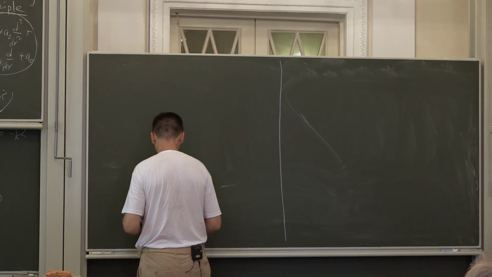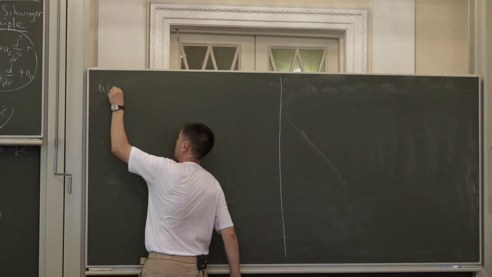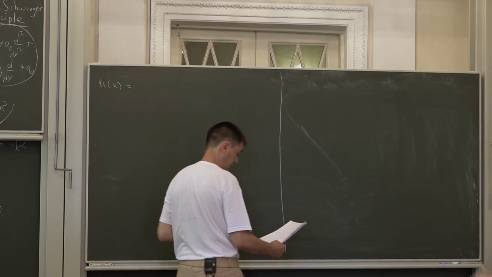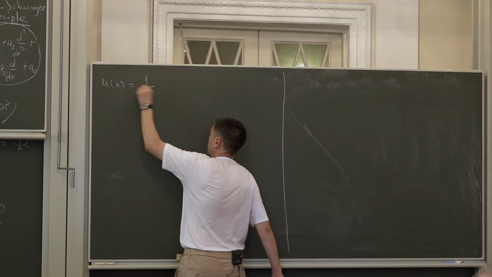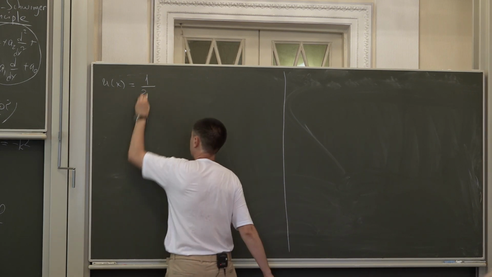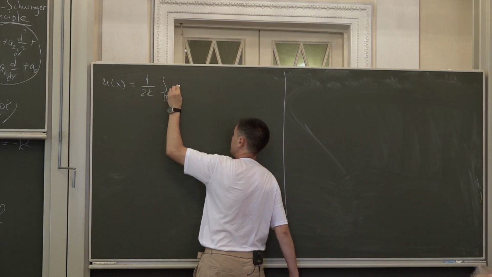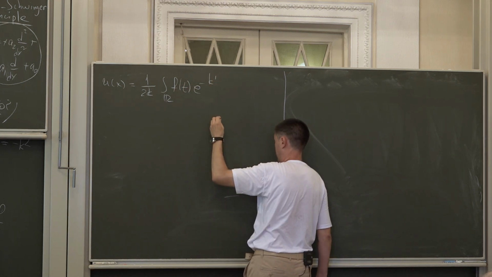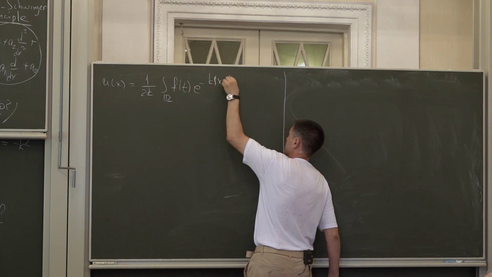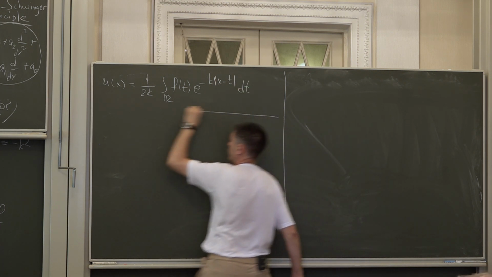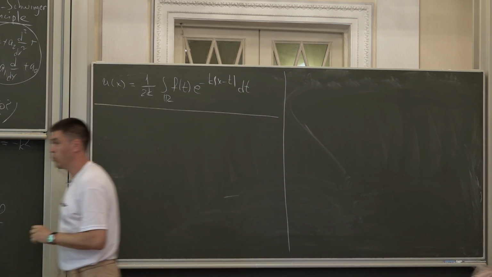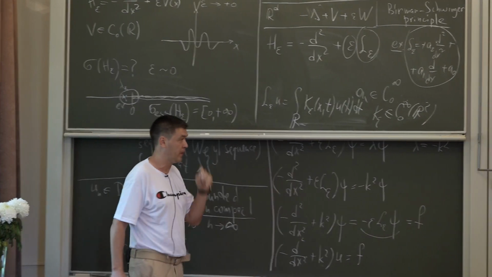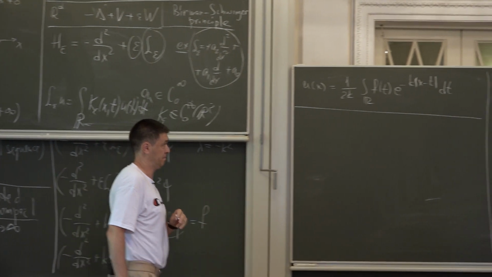Then the solution of this equation, I should not make a mistake with the sign, is this. Of course, this is just one of the possible solutions, but I choose it in such form for the following reason.